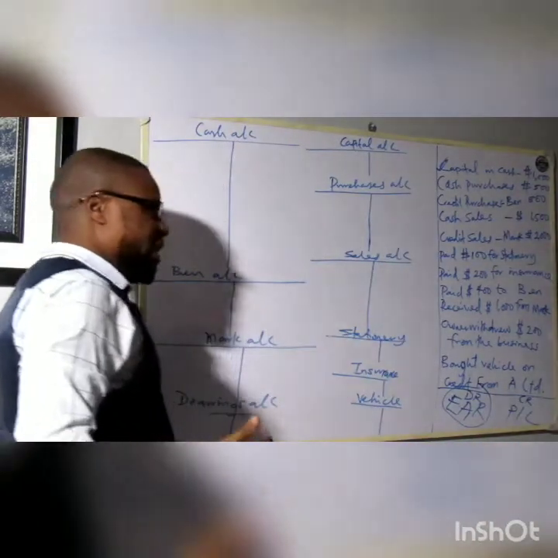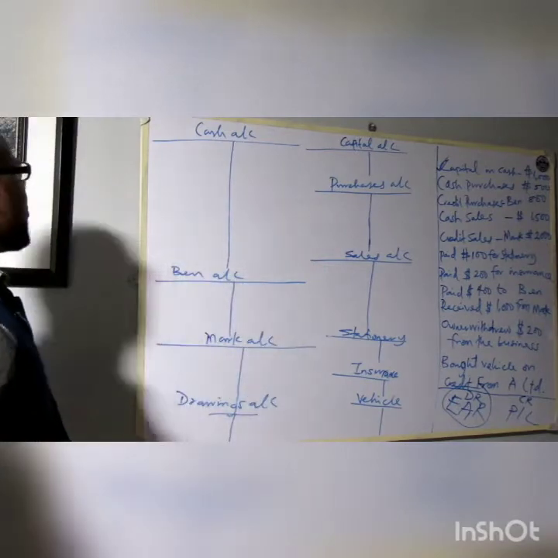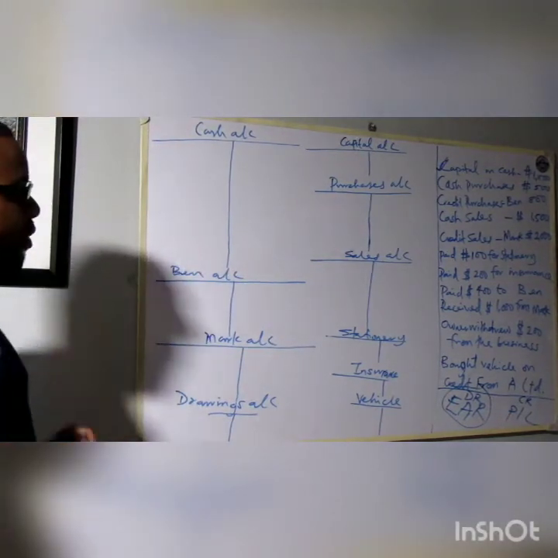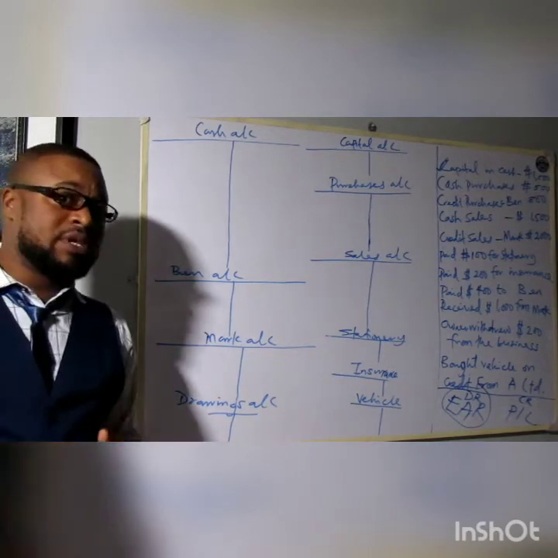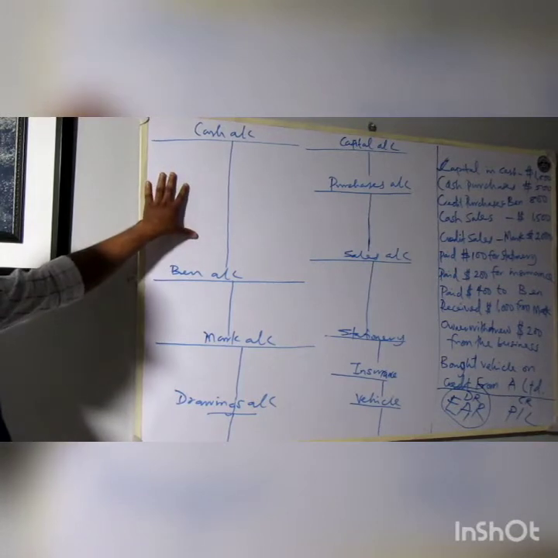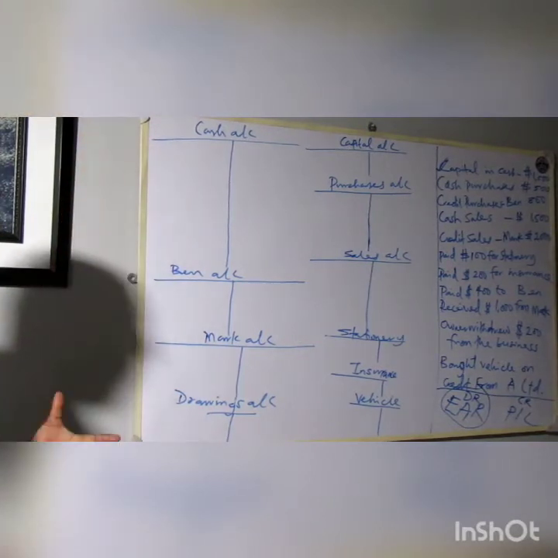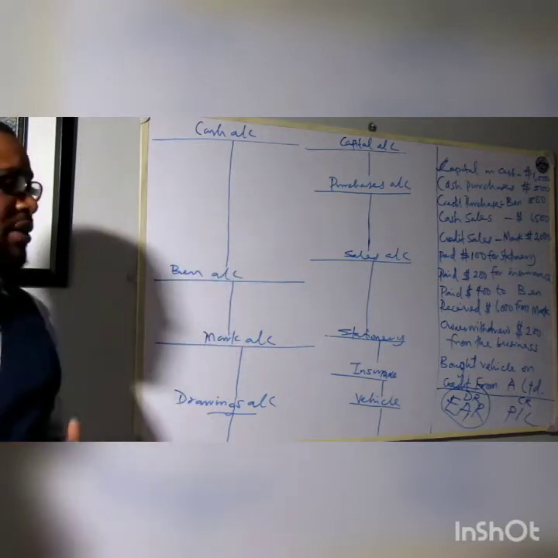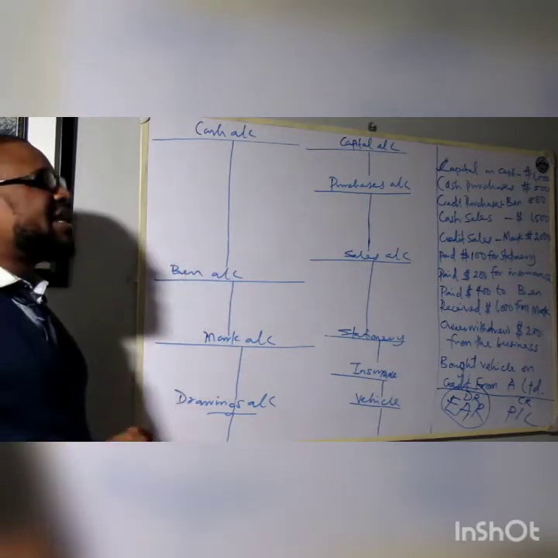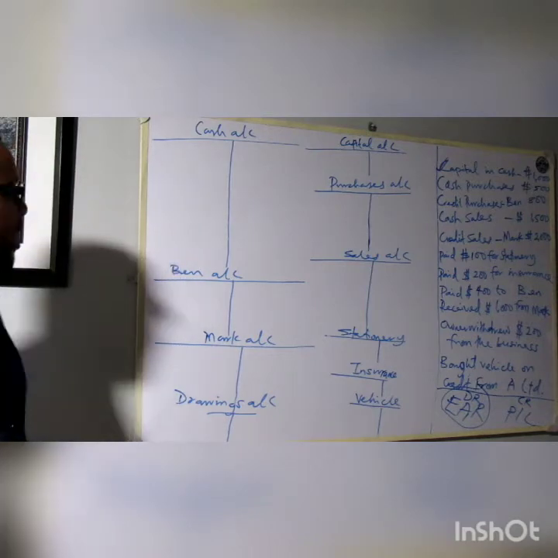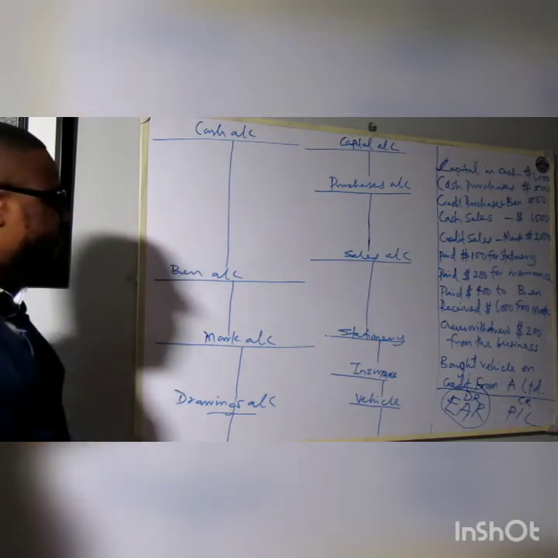Now, I'm going to tell you this very quickly. I always like to start with the cash account. Why? Because there is no way you can run a business without having a cash account. So it's always key. If you look at the board very closely, you discover that the cash account is bigger than the other accounts. Why? Simple. It's because there will always be many cash transactions in the business, and you don't want to be opening different cash accounts.